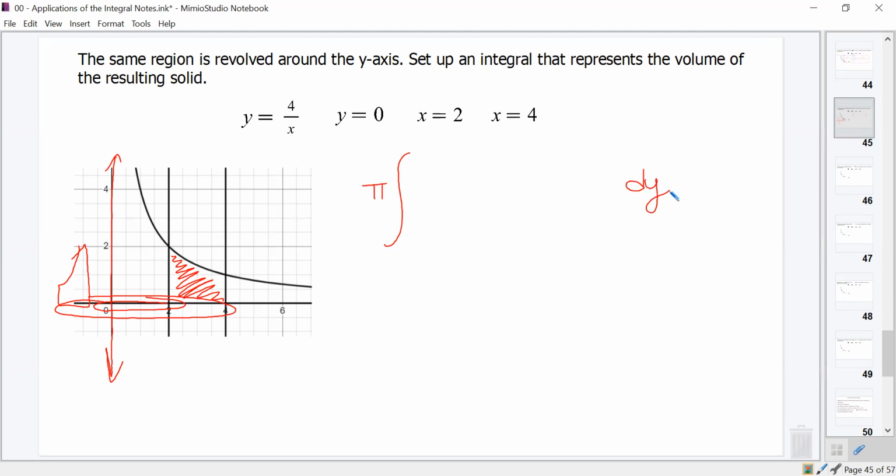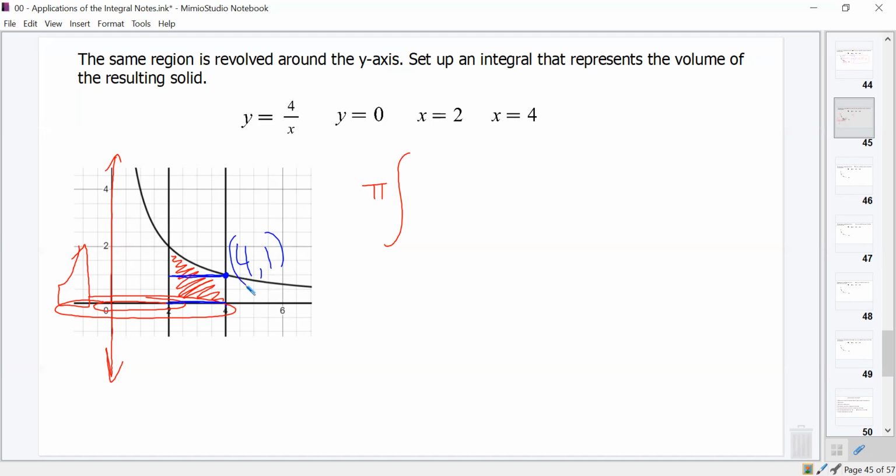And we're going to have to find an outer radius and an inner radius, and we're going to have to do even a little extra work here, because what we'll note for this one that's going to complicate things a bit is that if we look at our region from y equals 0 to y equals 1, and we can see that when x is 4, we get a y value of 1.